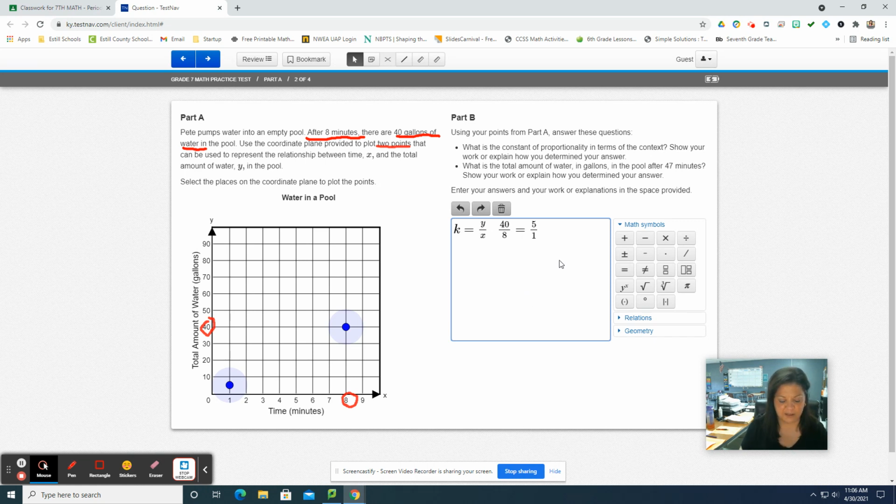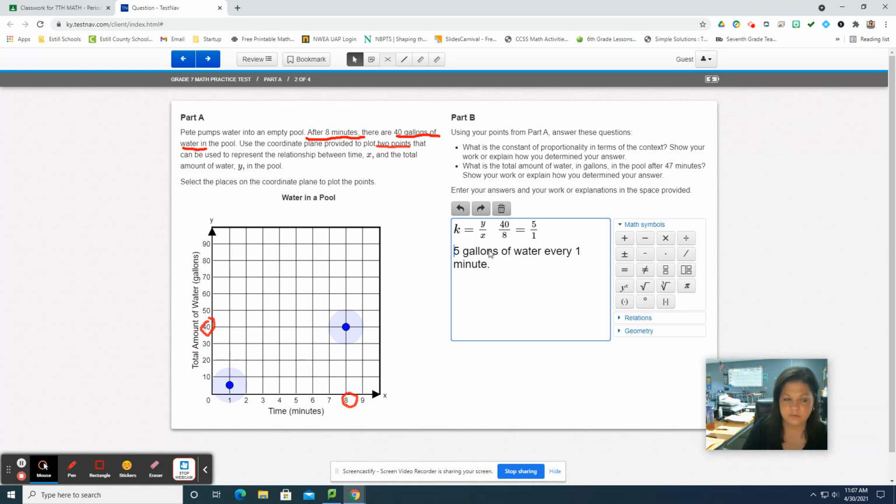So I'm going to say it takes 5 gallons of water every 1 minute.